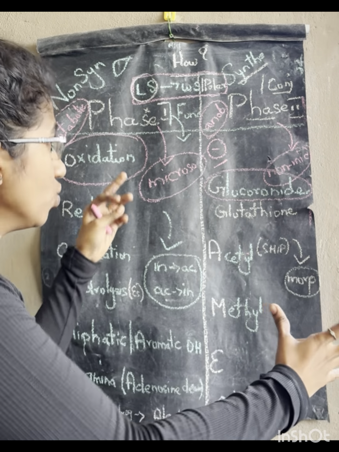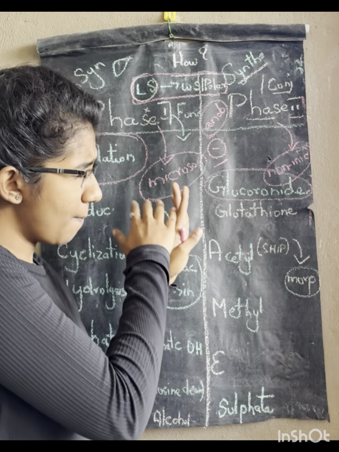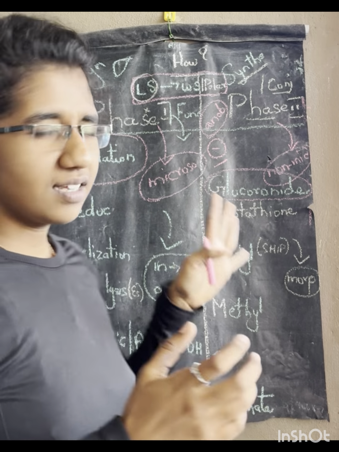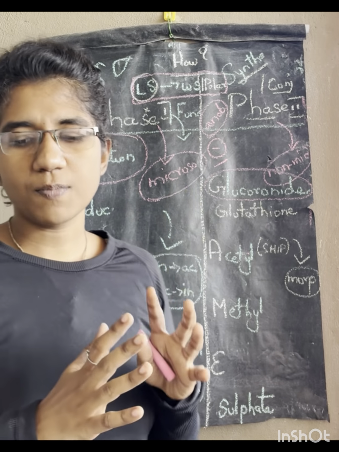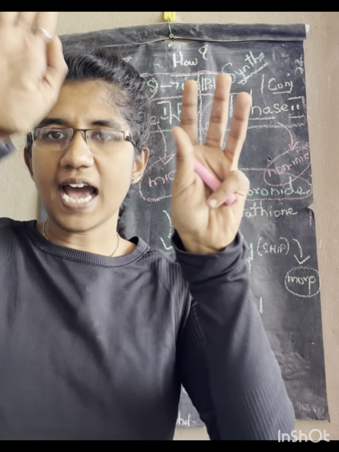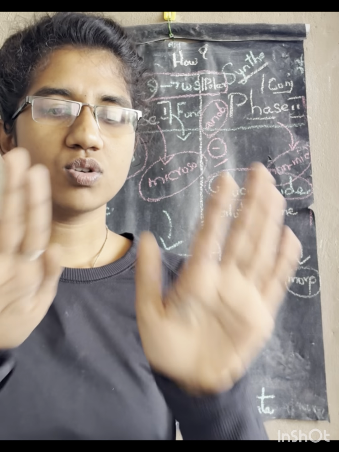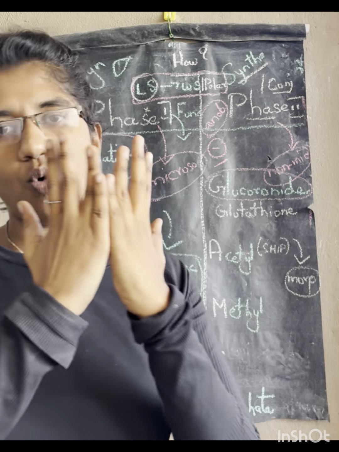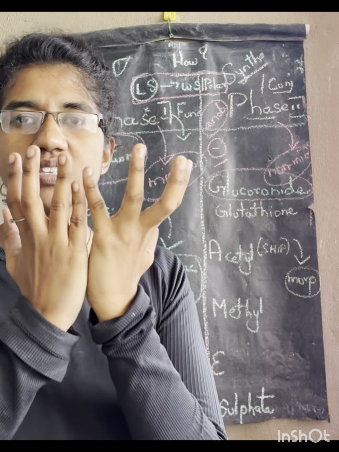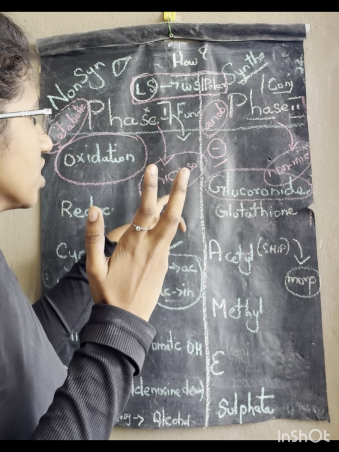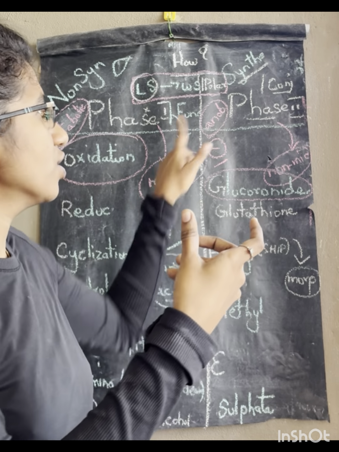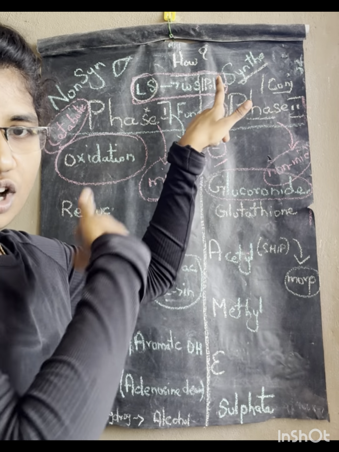The whole purpose is to make a lipid soluble compound into a water soluble or polar molecule. We can understand this by imagining that a new molecule which is negatively charged is attached to it so that it becomes water soluble. The phase 1 reaction is like a glue between the two, because the functional group has to be exposed from that compound in order to get attached to the conjugating molecule.